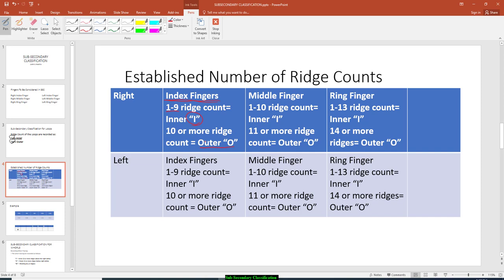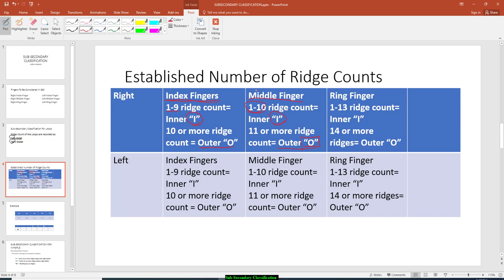For the middle finger, 1 to 10 ridges will be capital letter I or inner. For 11 or more ridges, it is outer. That is for the middle finger.